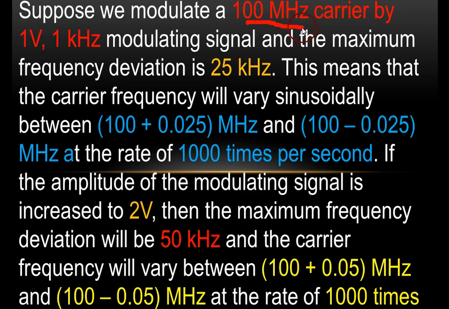So once again, the carrier frequency was 100 megahertz, 1 volt amplitude. The modulating signal was 1 kilohertz, and the maximum deviation we have chosen is 25 kilohertz.